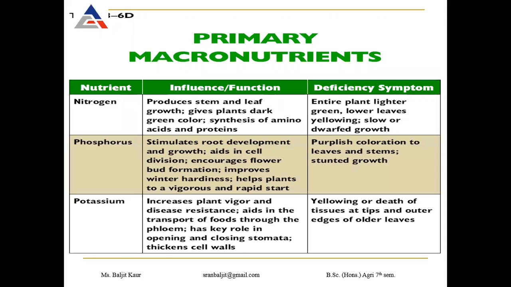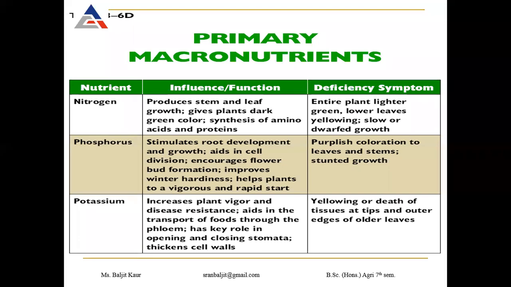Now we will discuss the functions of the nutrients as well as their deficiency symptoms. Firstly, nitrogen. What is the function of nitrogen in plants? Profuse foliation or vegetative growth is increased if we apply nitrogen, right? It produces stem and leaf growth and gives the plant a dark green color.